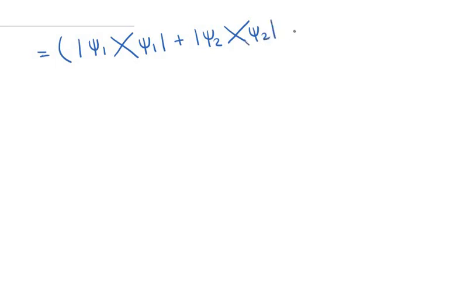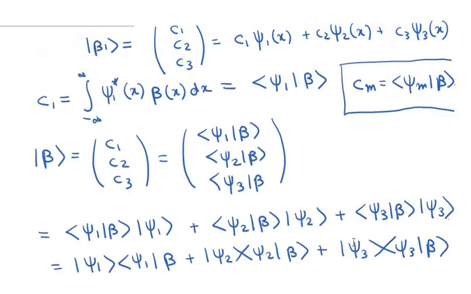Now this total thing can be written as the sum of the ket psi 1 bra psi 1, plus ket psi 2 bra psi 2, plus ket psi 3 bra psi 3, acting on beta. Now to the left hand side we had this beta.